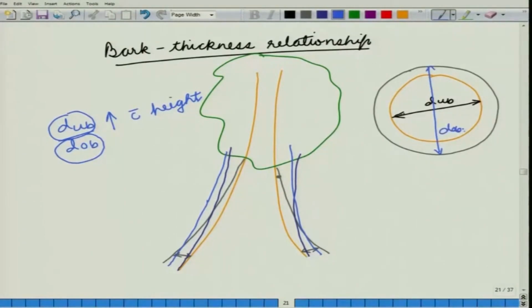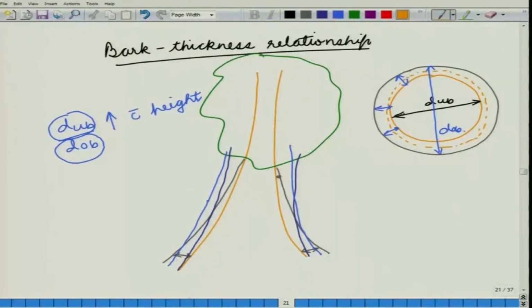Now, if diameter under bark is increasing as compared to diameter over bark, it means that the thickness of the bark would reduce. So, that is your DUB, it is moving more towards the outside and so the proportion of bark is reducing.